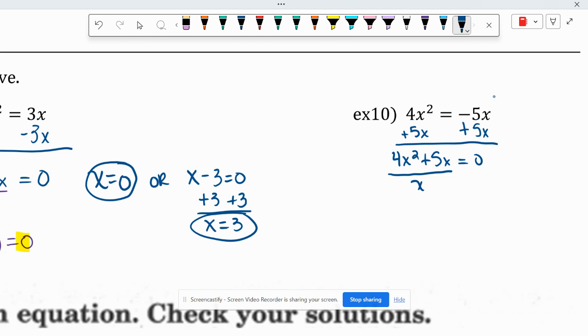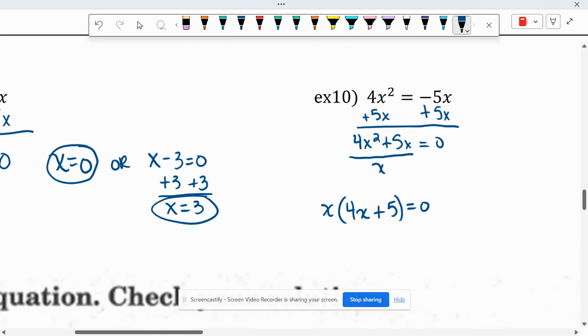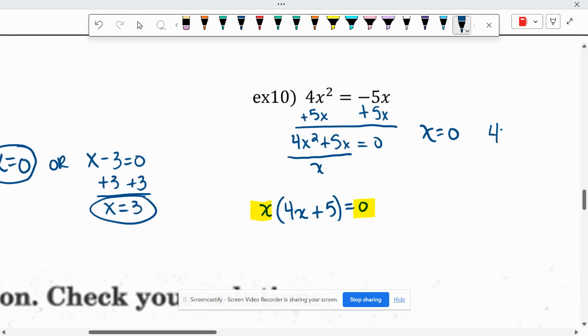Yeah, I'm going to divide by an x. So that leaves me with, let's see, 4x squared divided by x is 4x. And a positive 5x divided by x is just 5. So what does that mean? Well, that means that either x equals 0, that's my first term, or 4x plus 5 equals 0.